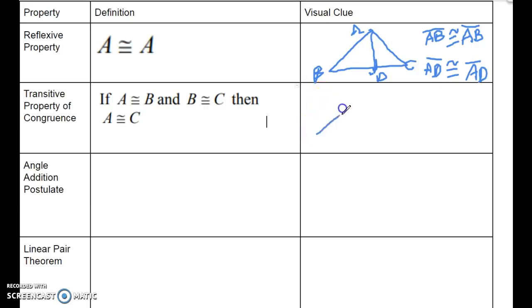Suppose I've got this angle here, and this angle here, and say this angle here. Let's put some points out here. Let's call this C. Let's call this B. Maybe I've got a G here, an X there, and W.